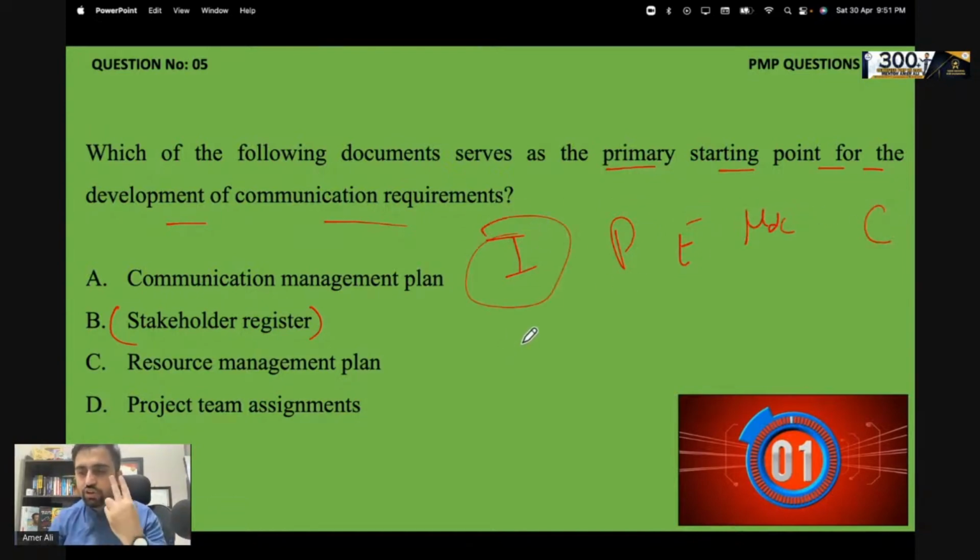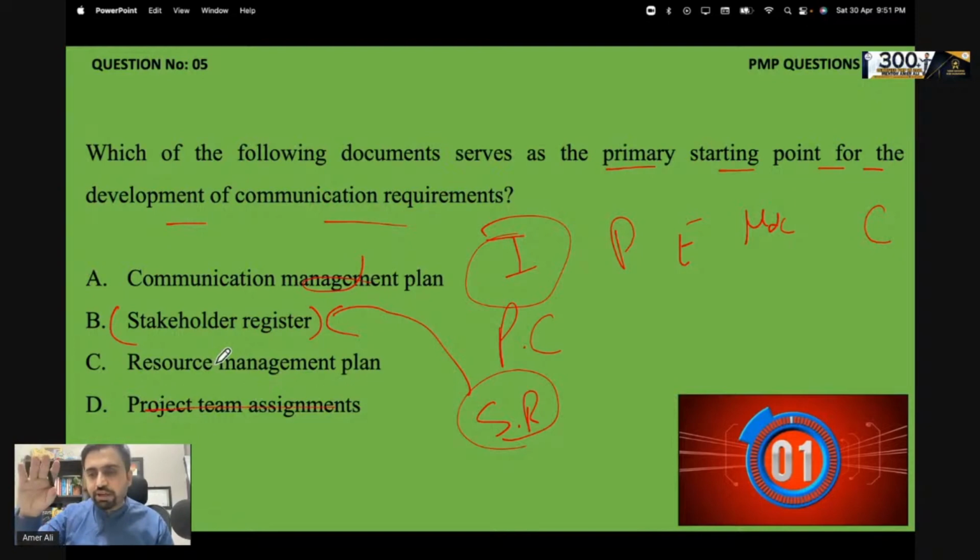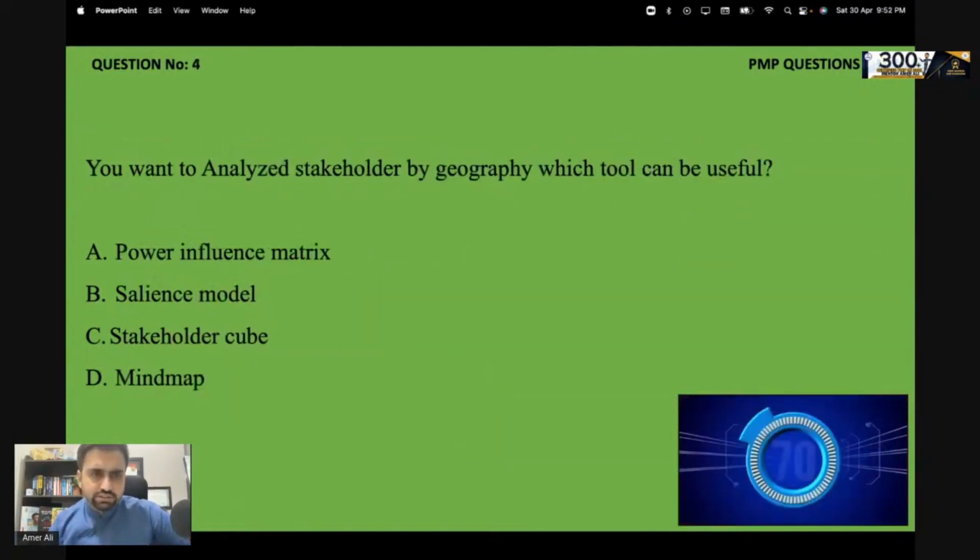In initiation, there are only two documents: project charter and stakeholder register. And all the stakeholders that come, the first step is they come in the stakeholder register. So of course we are getting the requirement. This cannot be project team assignment, which has nothing to do with it; the resource management plan comes very later. So stakeholder register is the right answer. It was an interesting question.